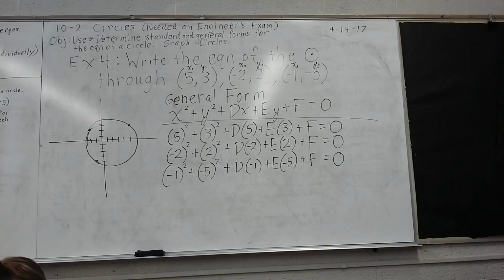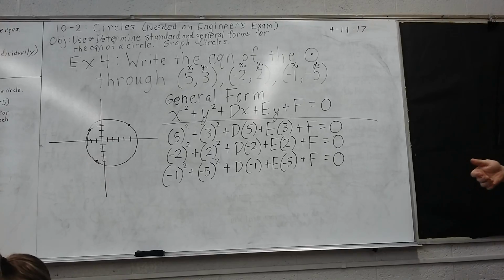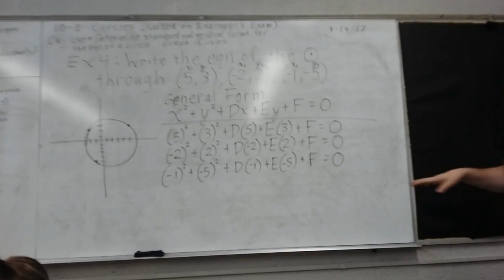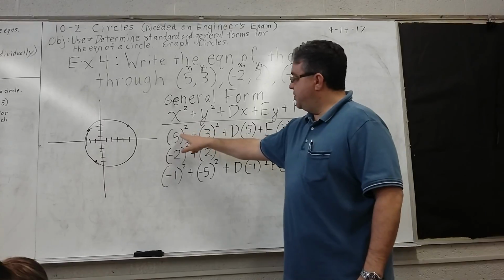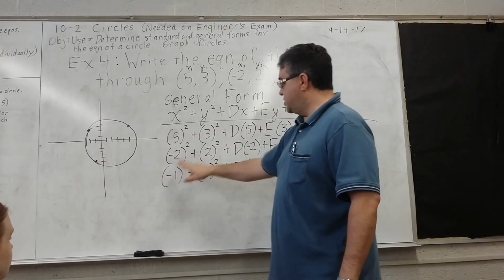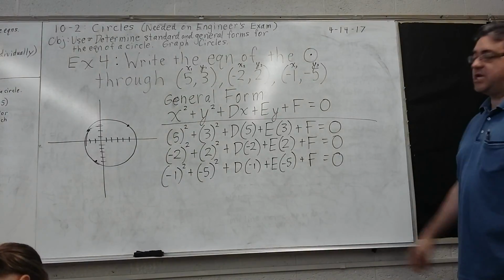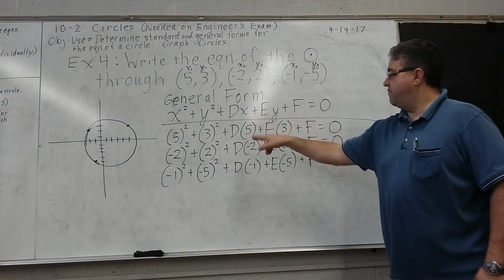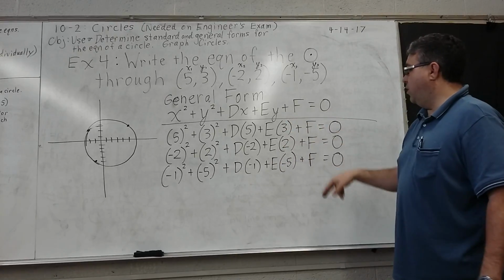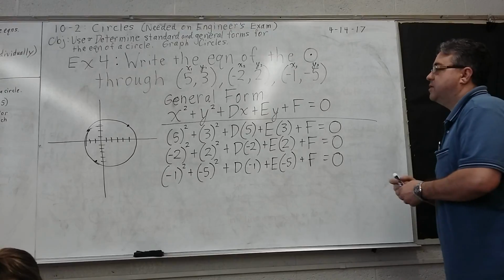And then what you need to do is clean these all up. The first thing we're going to do is figure out these sums, and then subtract them to the other side so that we have 5D, 3E, 1F equals so on, and so on.